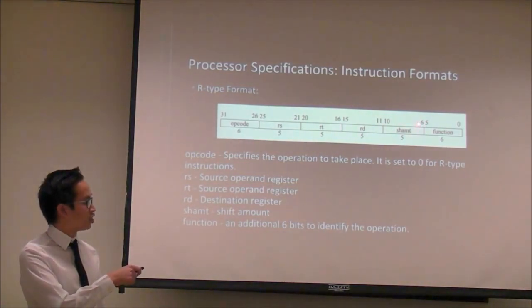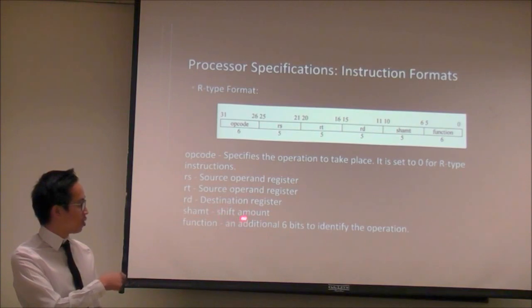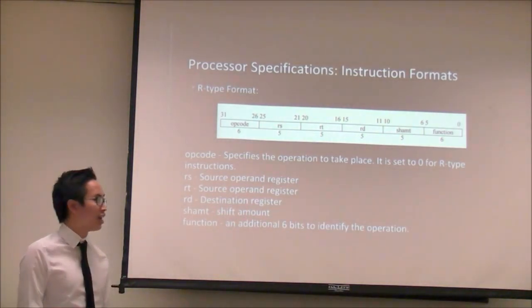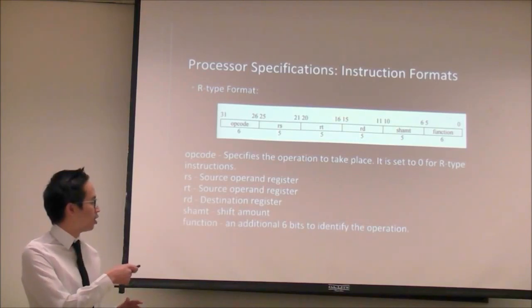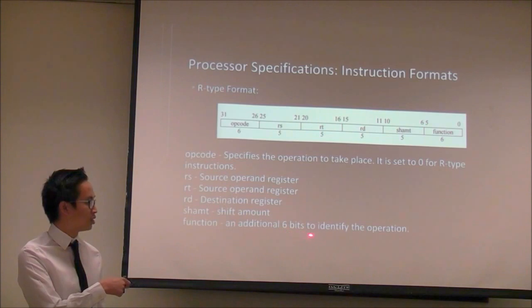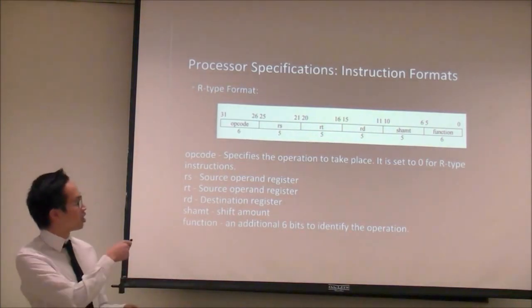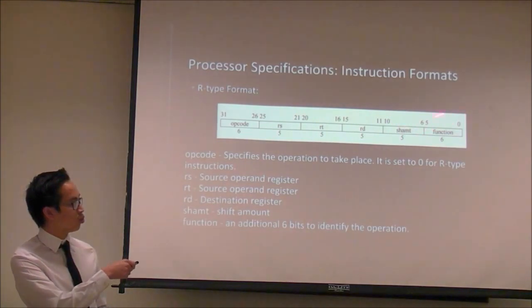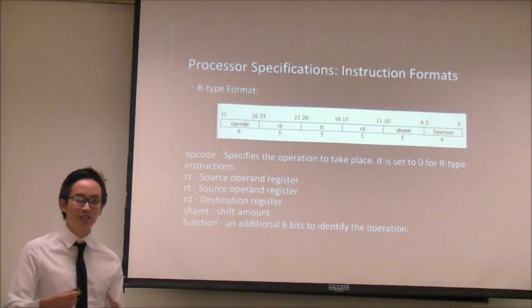And there will be the shamt field, which is the shift amount field, which is only used for shift instructions, and that is a 5-bit field as well. And lastly is the function field, which is an additional 6 bits to identify the operation. Since our opcode field is set to 0, our function bits will decide which R-type instruction will take place.